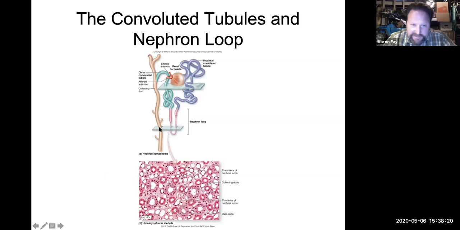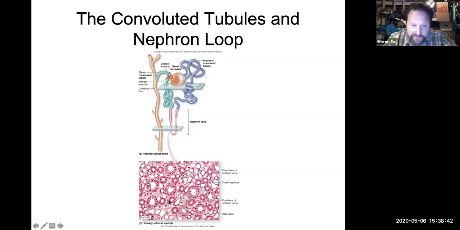This shows a cross-section down in the medulla. In the medulla, you only get ascending and descending nephron loops, and you only get vasa recta, and you only get collecting ducts. Collecting duct, ascending, descending loop, and the vasa recta, the capillaries that surround it. So you'll see something that looks like a whole bunch of circles.